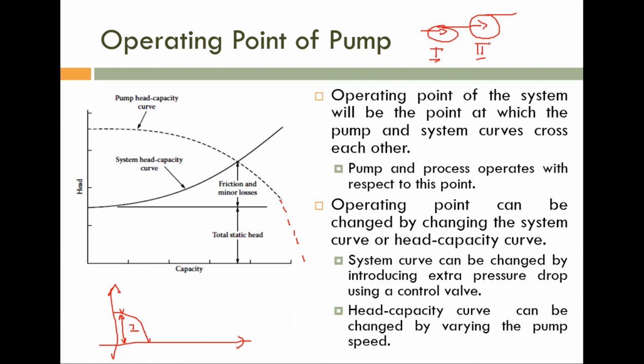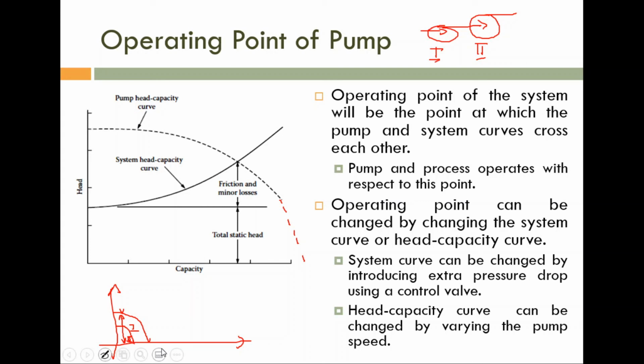Somewhere here the effect of pump 2 is negligible. The reason is, if the capacity of the second pump is 50% of the capacity of the first pump, then if you are considering the curves of these two pumps separately, this one is the curve of the second pump. This is the second pump.